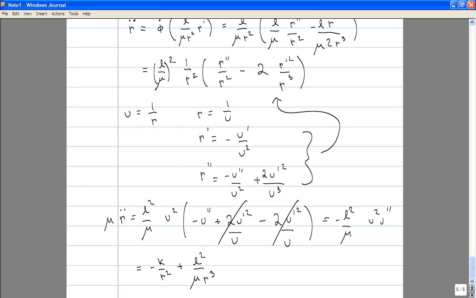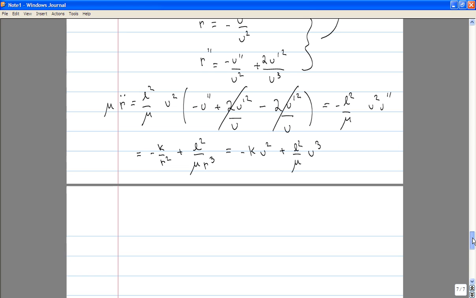So the equation of motion says that mu r double dot is minus k over r squared plus L squared over mu times r cubed, or minus k u squared plus L squared over mu u cubed. Okay, so this is equal to that. That's the equation of motion using these two tricks.